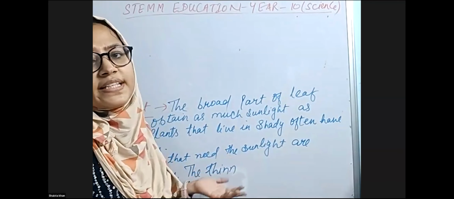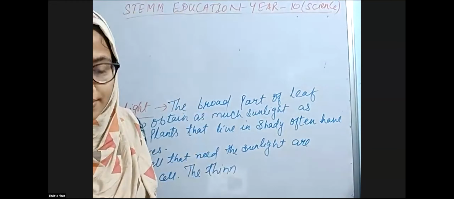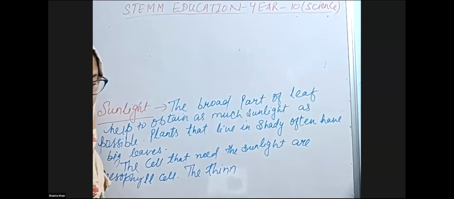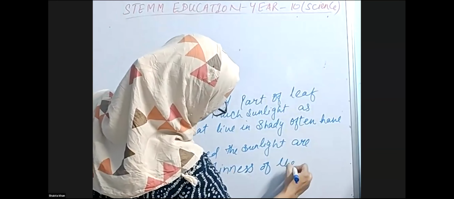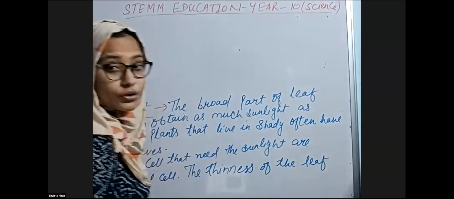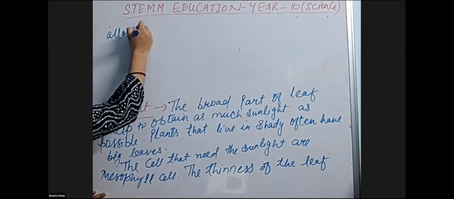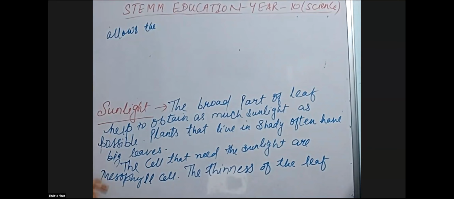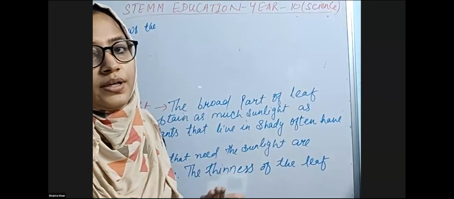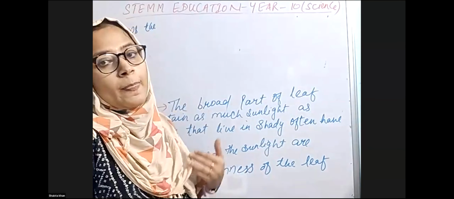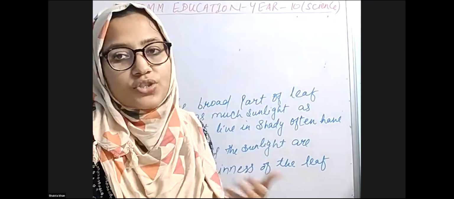Why does it happen? Because a thinner leaf receives more sunlight, releases more water, and more gaseous exchange happens.